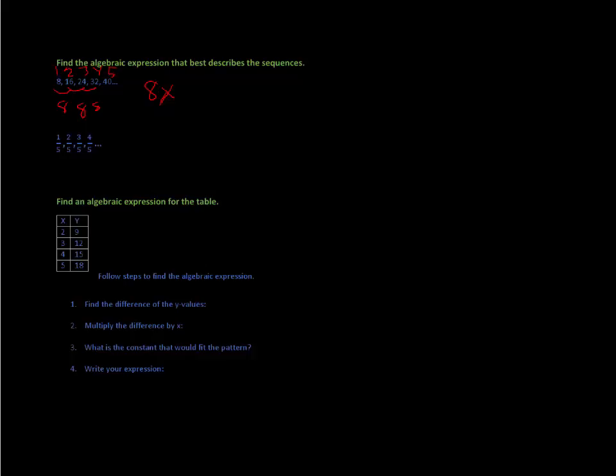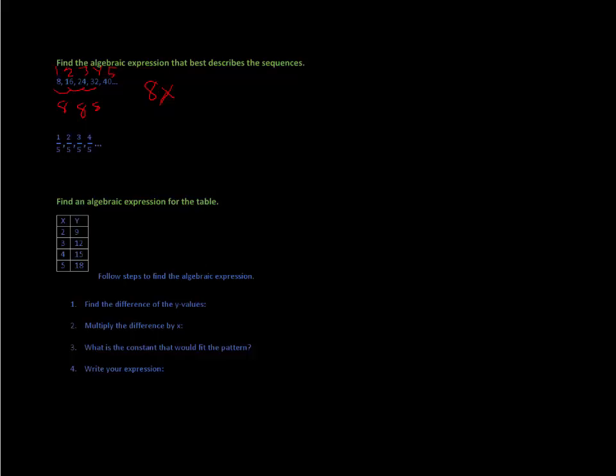And then 8 times 2 would give us 16. 8 times 3 would give us 24. So if we keep plugging in these numbers, 4 into the 8 is 32, and 5 into 8 would be 40. We know our equation is right because we checked it and it works.